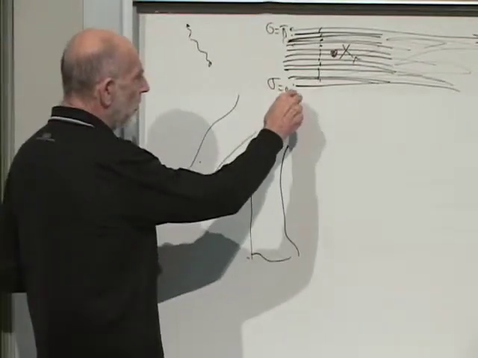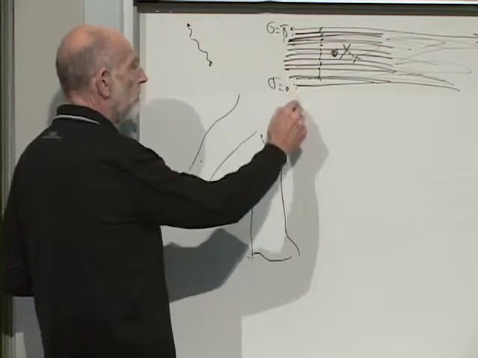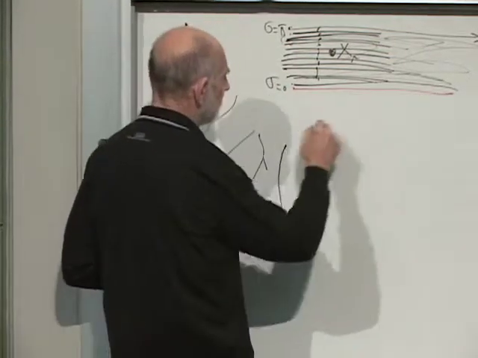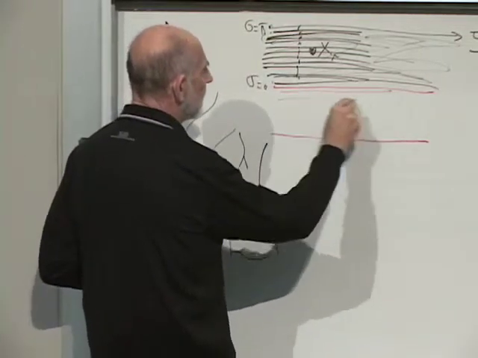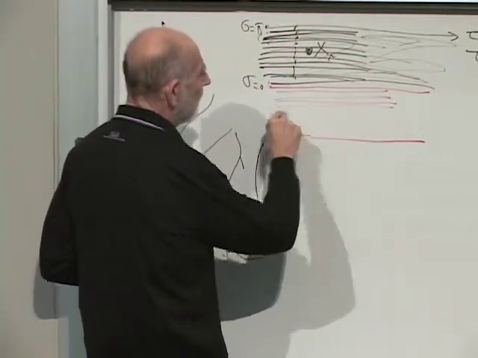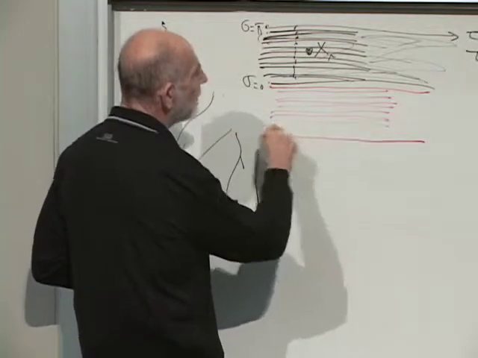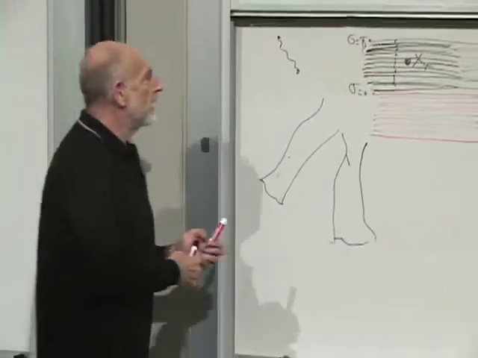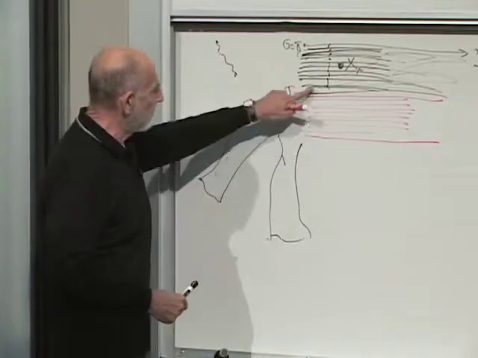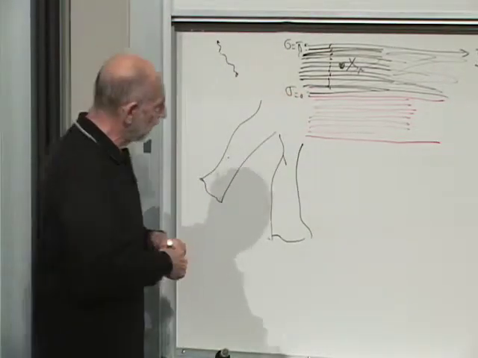We need to put another one in, also from 0 to pi. Here's the other string. There's no meaning to the fact that I've drawn them right next to each other. Their actual position in space-time might not be adjacent.